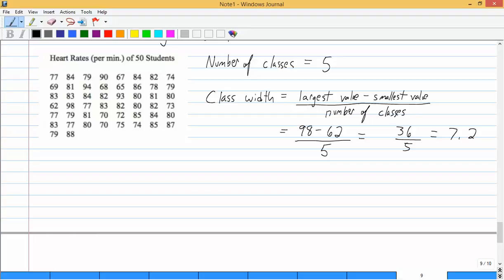The way that your book does this, let's see if it does use 7.2 as a class width. No, it uses 10. So it just used something that would look a little better. 7.2 is okay, but using something like 8, 9, or 10 would also be acceptable.